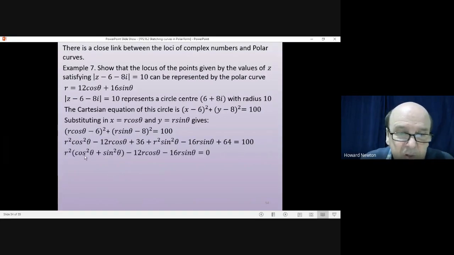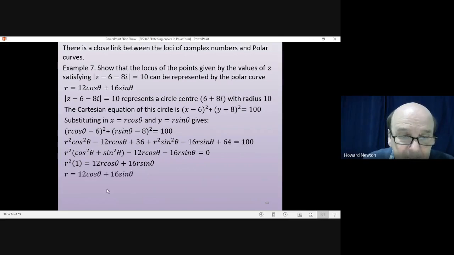Collecting together the cos squared and sine squared here gives us that. The reason for doing that is because cos squared plus sine squared equals 1. So that will simplify to r squared equals 12r cos theta plus 16r sine theta. Then we could divide through by r, and that gives us r equals 12 cos theta plus 16 sine theta, which is what we were asked to find.